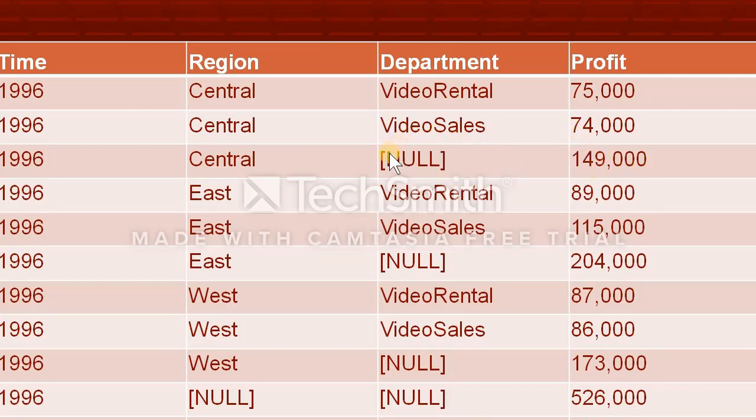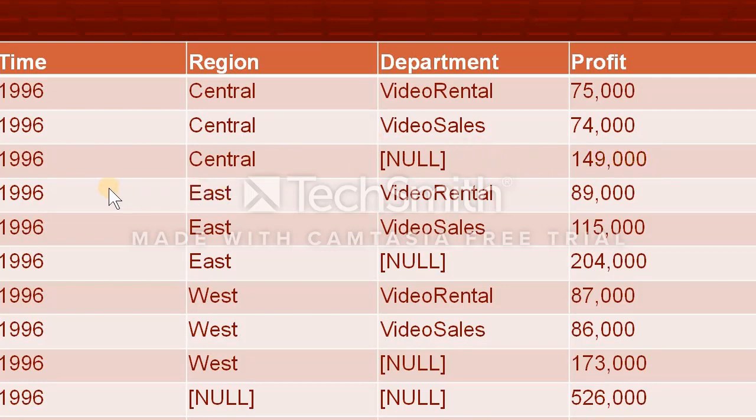Now if we do not apply the cube, this row will never come. So the cube is calculating the sums according to each column inside our result set. This row is again saying that in year 1996 in central region, in all departments we got this value of profit.